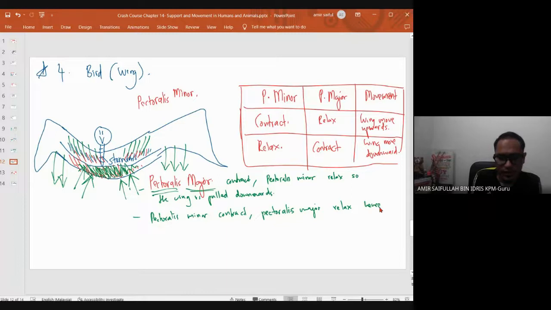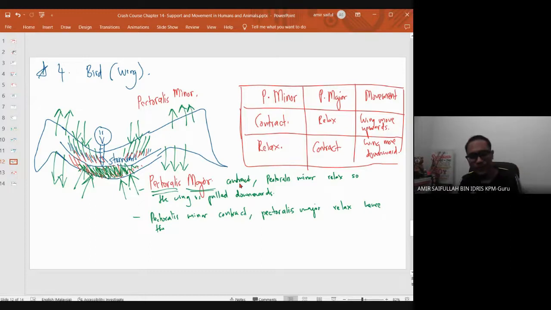Hence, here contracts, of course the wing is pulled upward. Okay, guys, clear? This is antagonistic. The names you must memorize, but the concept is the same for all. So far so good.